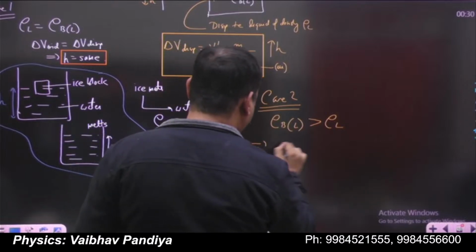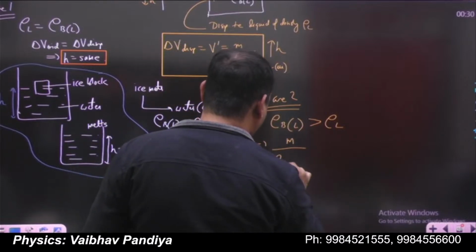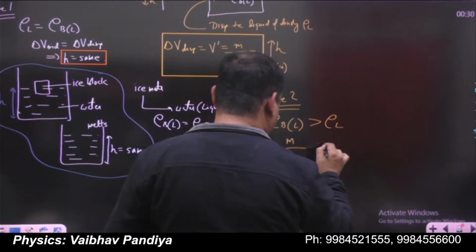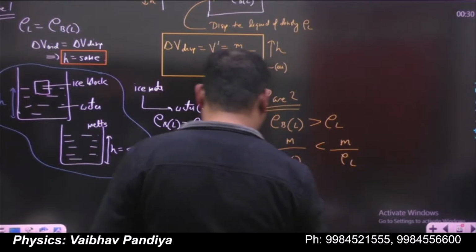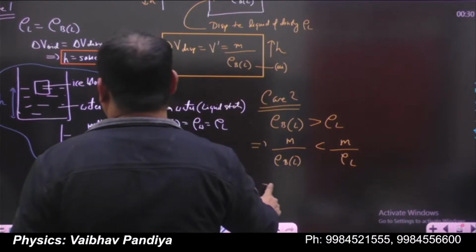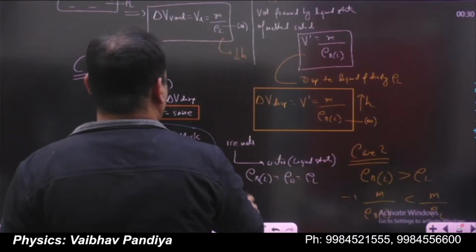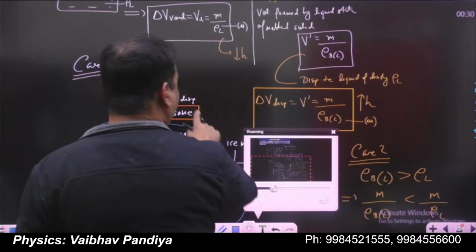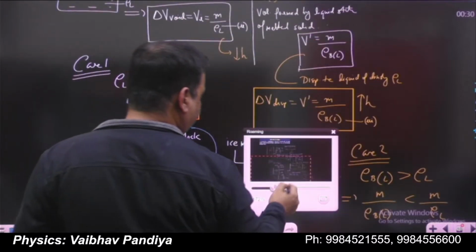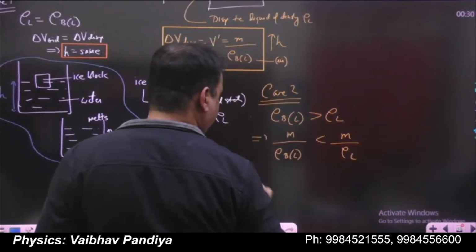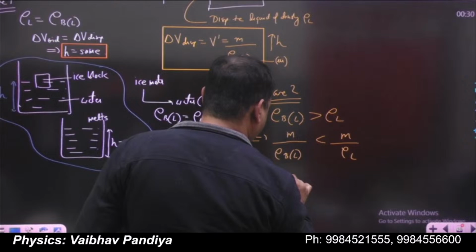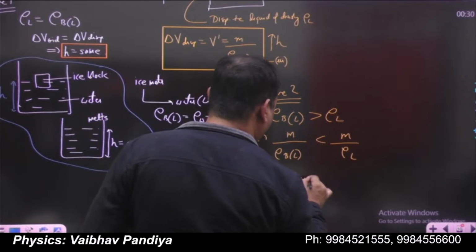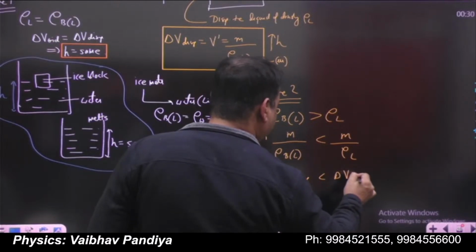So it implies that m by density of body in the liquid state is less than m by density of liquid. And this is what? RHS is the void volume and LHS is the displaced volume. So in this case, your displaced volume is less than the void volume.